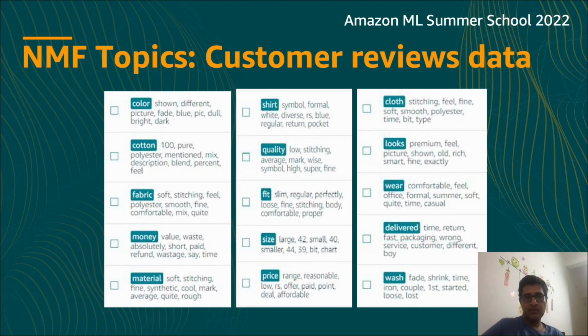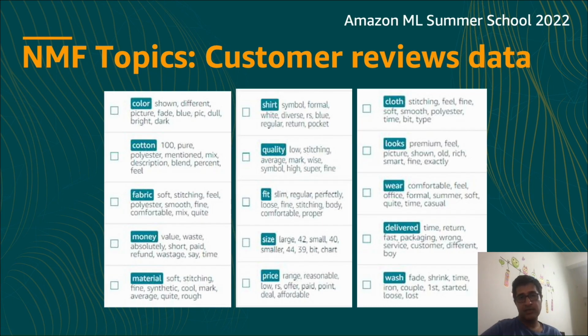Similarly, a money topic talks about is it a waste of money, is it value for money, was it paid by cash or not, and were the refunds easy or not. Similarly, there are topics on cloth. How does the stitching of the cloth feel? Is it smooth?